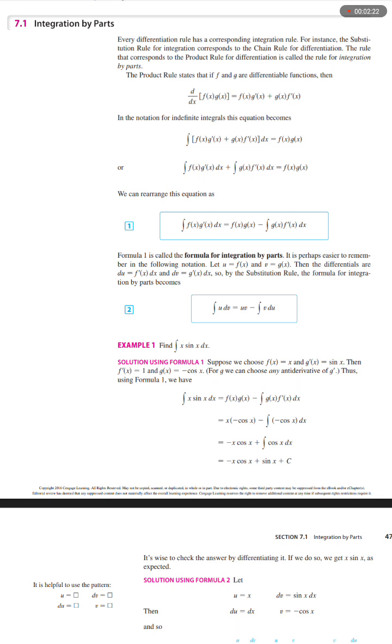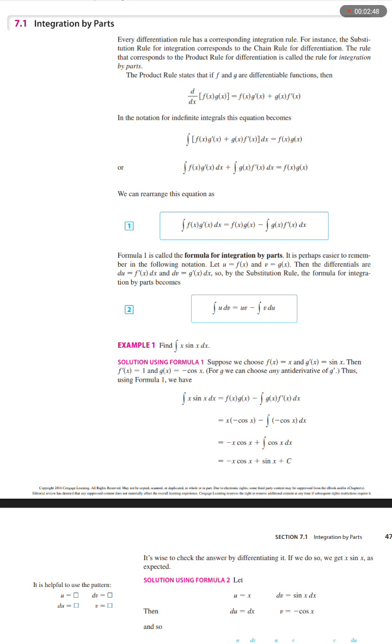It is perhaps easier to remember in the following notation. Let u equal f(x) and v equal g(x). Then the differentials are du equals f'(x) dx and dv equals g'(x) dx.